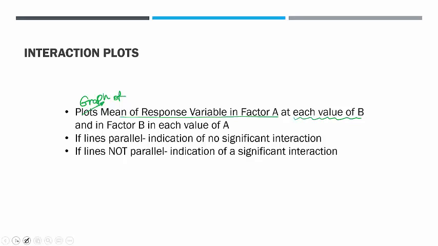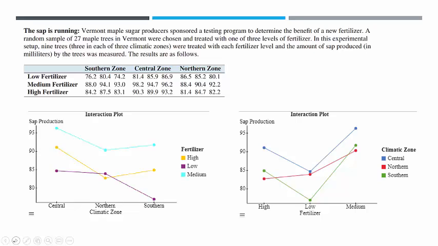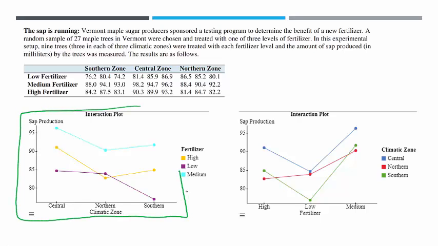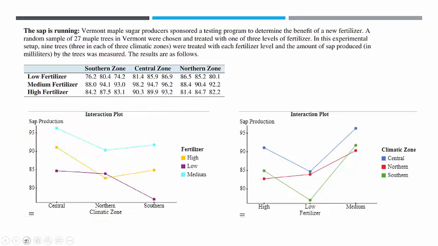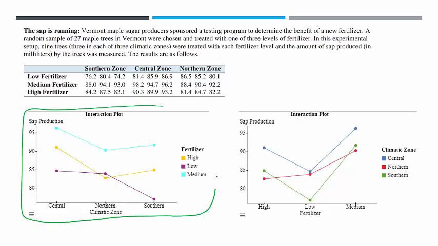So let me show you an example of what that looks like, and then I'll come back to the next two bullets here. So these are interaction plots for the maple trees and the sap production. So I want to specifically just look at the one on the left here. What we have here, based on the three different climate zones, each line represents the different fertilizer level.